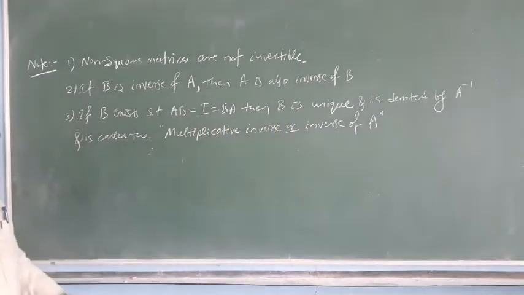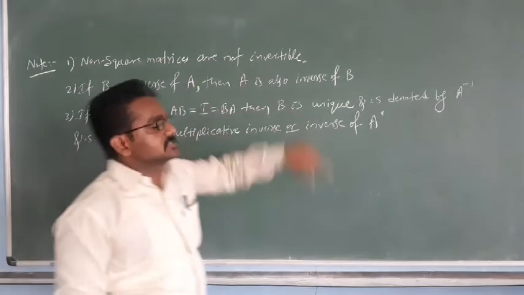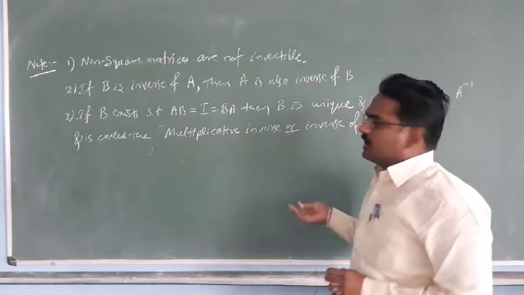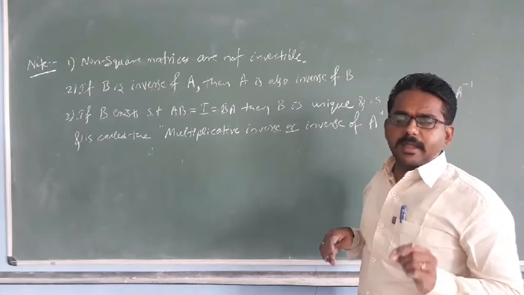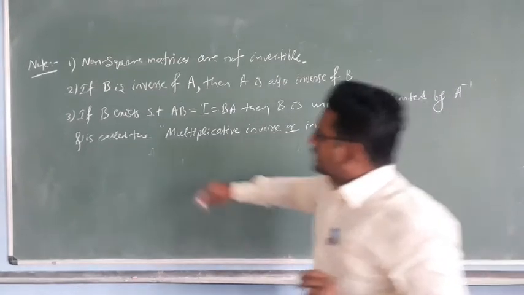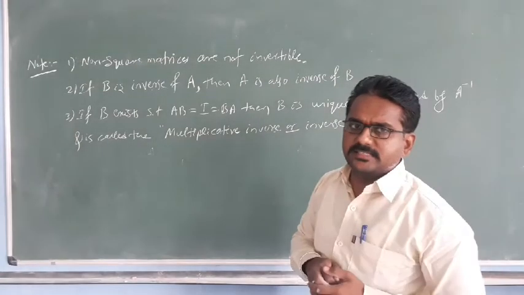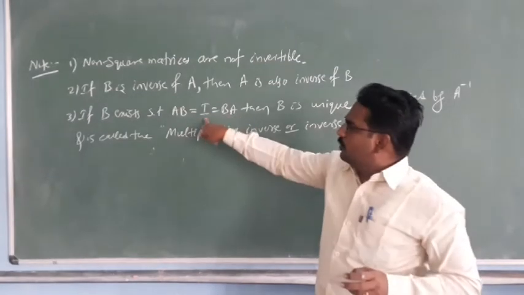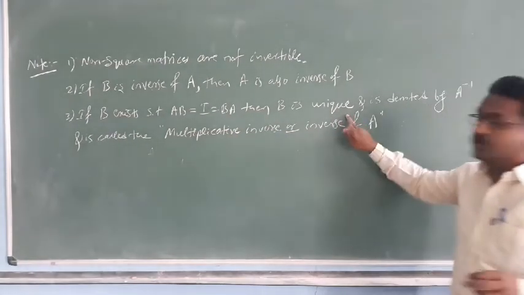Next, if B is the inverse of A, then A is also the inverse of B, because if you take the products AB and BA, they always give the identity matrix. Next, if B exists for a given square matrix A such that AB and BA both give the identity matrix, then B is unique.